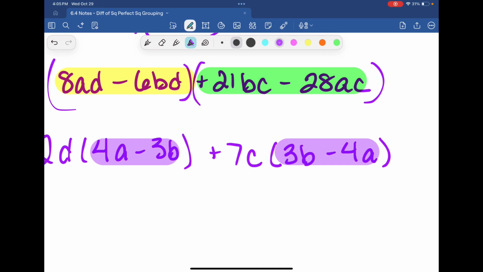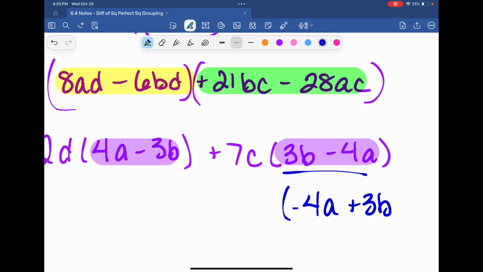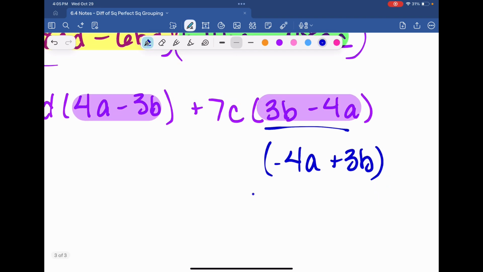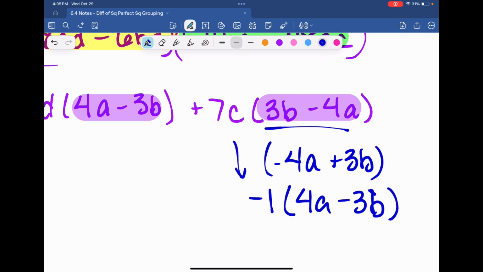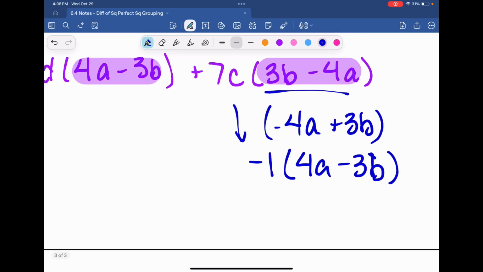All right, so I'm going to take this one, I'm going to flip it around. And I'm also going to factor out a negative 1. So if I factor out a negative 1, negative 4a becomes positive, positive 3b becomes negative. But I also have the 7c, so it's going to make it negative 7c, 4a minus 3b.